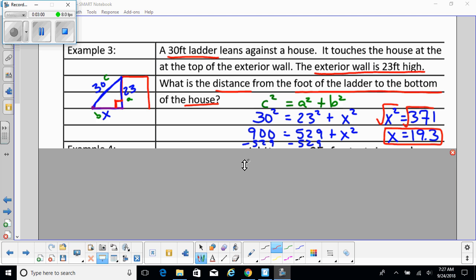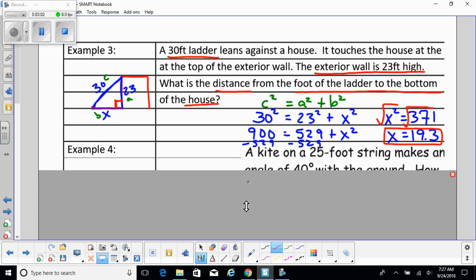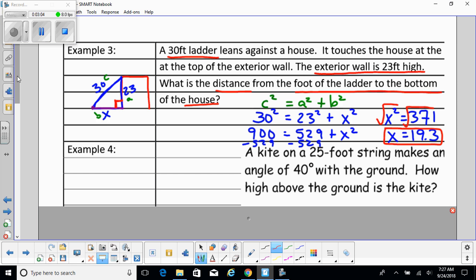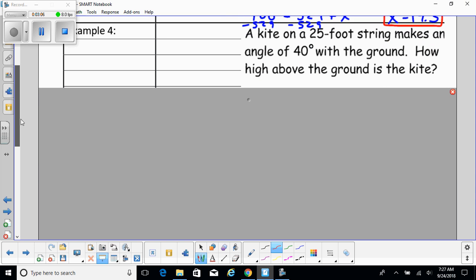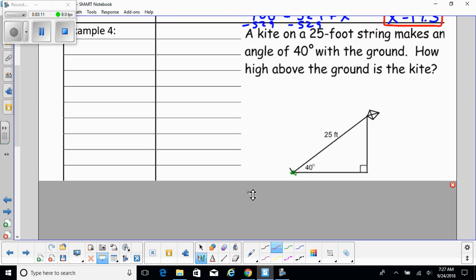All right, next one we've got is this example. We've got a kite on a 25-foot string that makes an angle of 40 degrees with the ground. How high above the ground is the kite? They were kind enough here to give us a triangle to use.